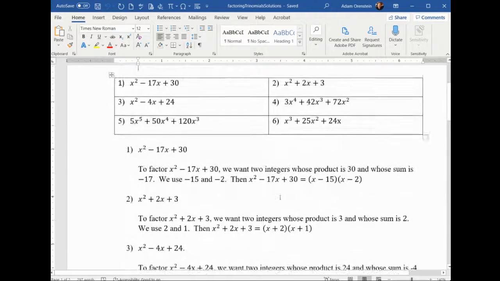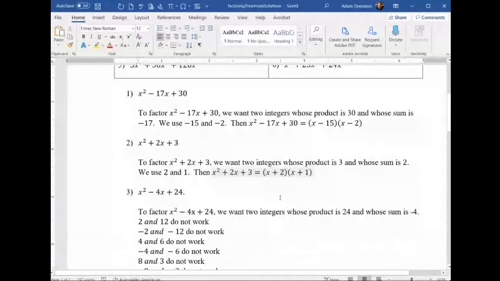For the second one, x squared plus 2x plus 3, here again you want two integers whose product is 3, and the sum has to be 2. And I made a mistake, didn't I? Yeah, there's something wrong there. I was going to say it can't be x plus 2 and x plus 1.